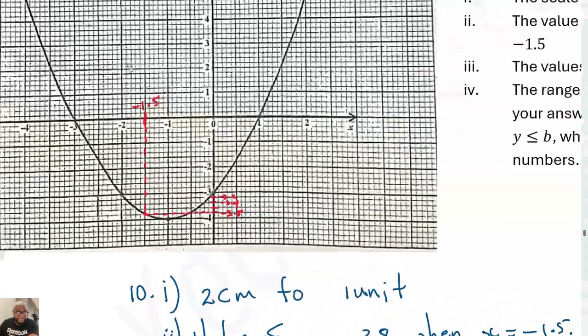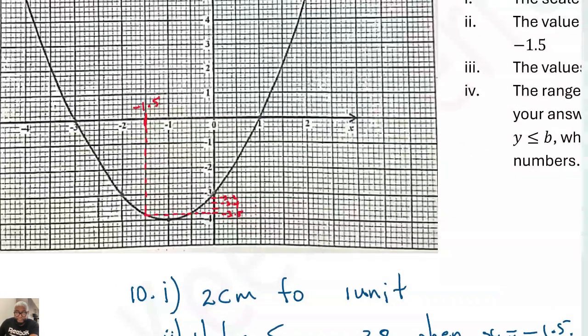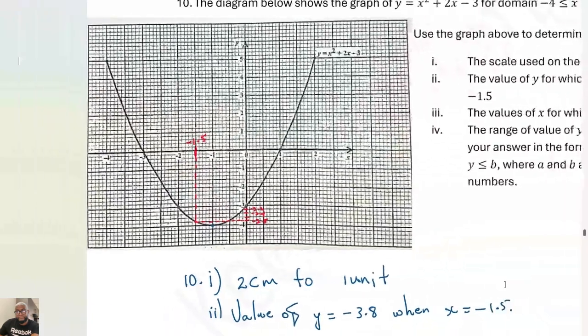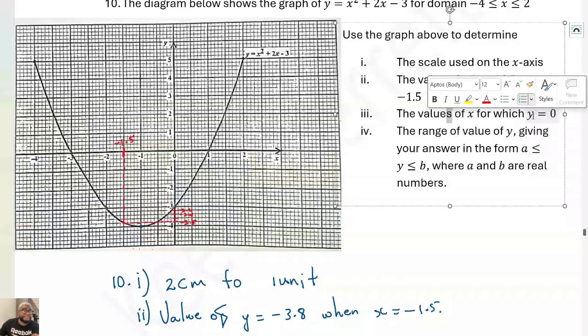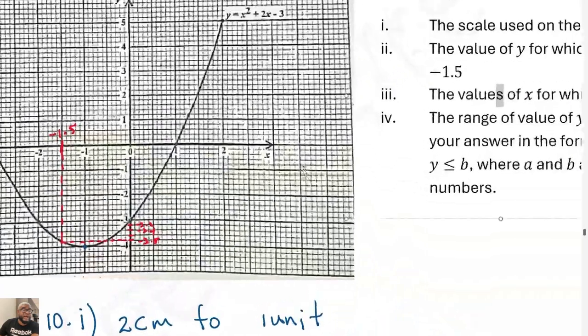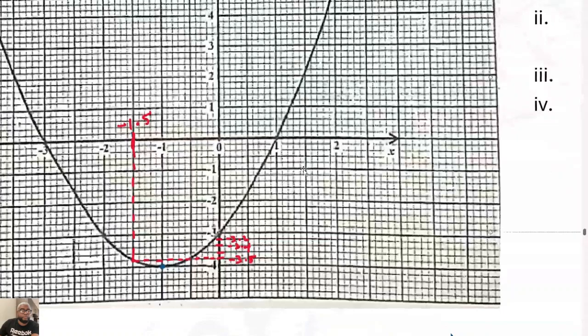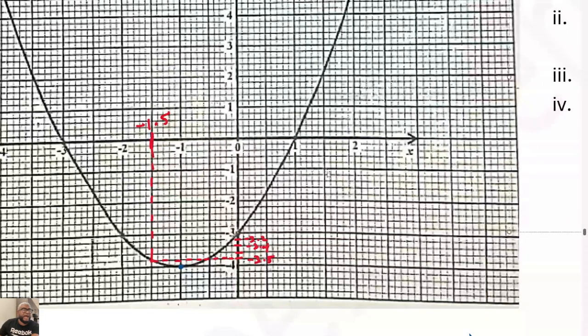Who doesn't understand that? Ask all the questions. Let me see what the next part of the question is asking. The values of x for which y is 0, right? y is 0 on this line. Everybody agrees? On this line here, y will be 0. Tell me if all agree here, Tyler.